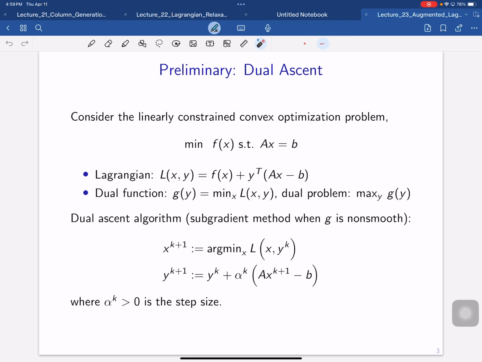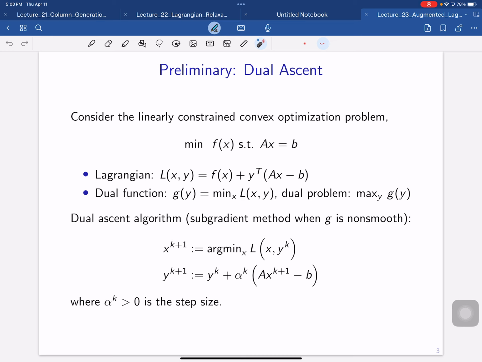When you naively apply Lagrangian to this problem, it is called a dual ascent method, right? Of course, this method predates the methods we talked about in the previous lecture. In the previous lecture, we were talking about Lagrangian relaxation for MILP problems, and now we are talking about a much easier problem, continuous convex problems. I just want to give this overview before we go to augmented Lagrangian.